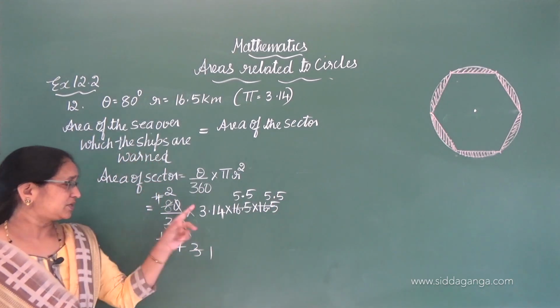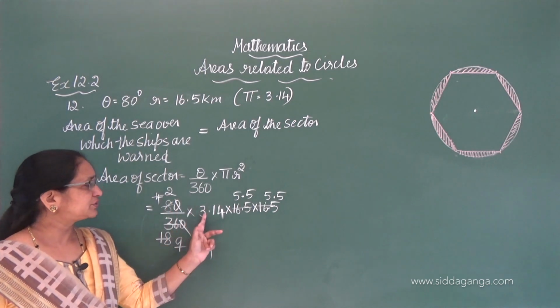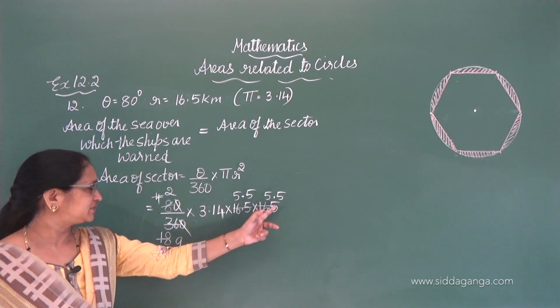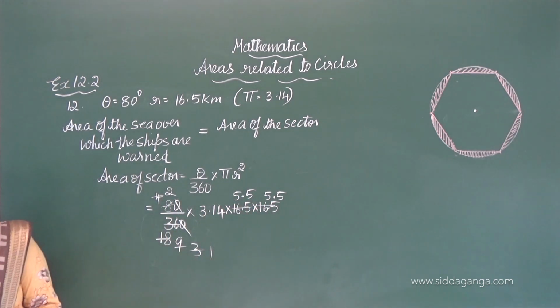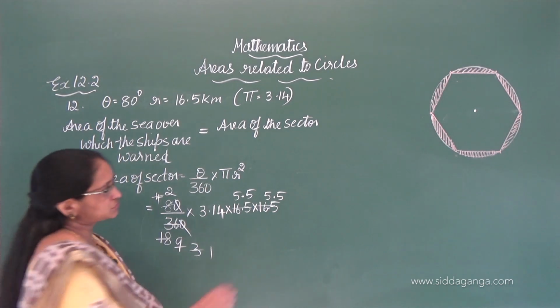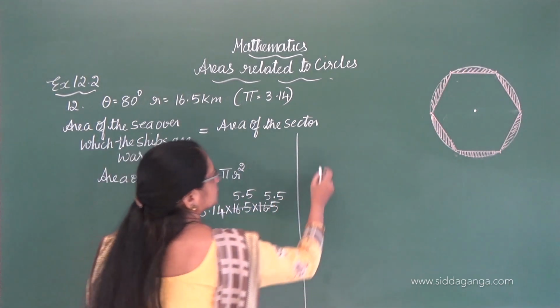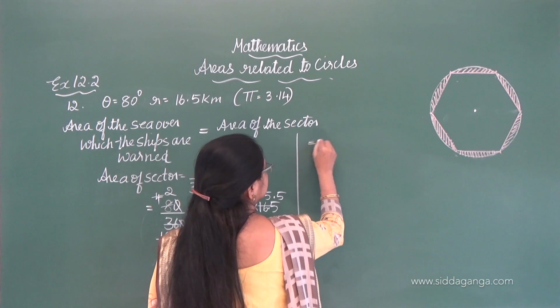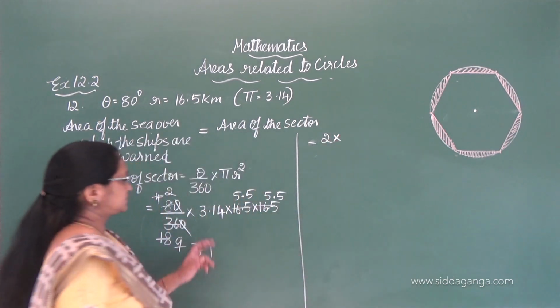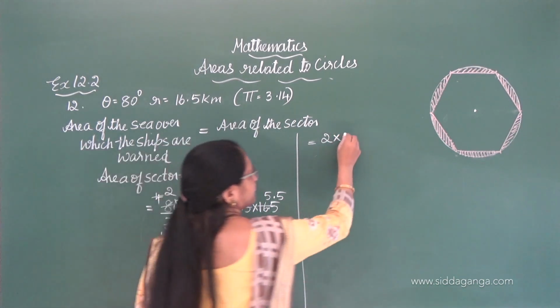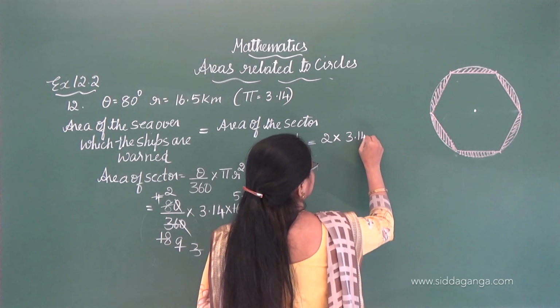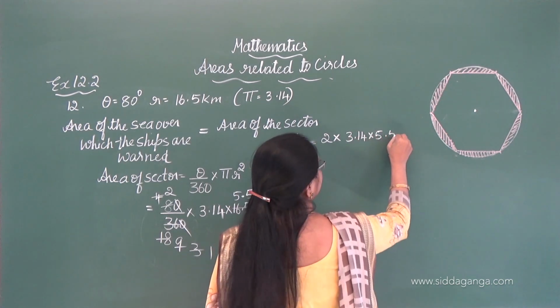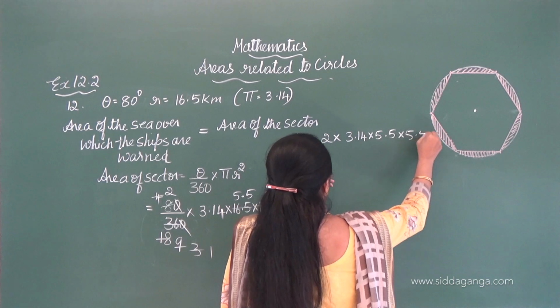Now we have 2 into 3.14 into 5.5 into 5.5, correct? Okay, let us try to solve this. 2 into 3.14 into 5.5 into 5.5.